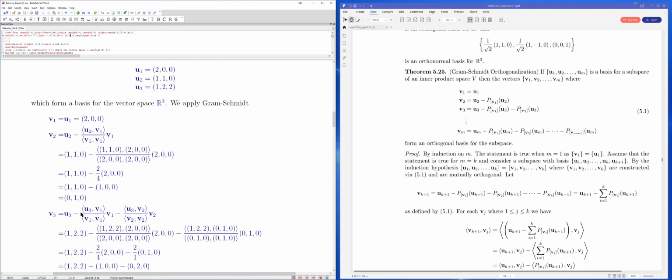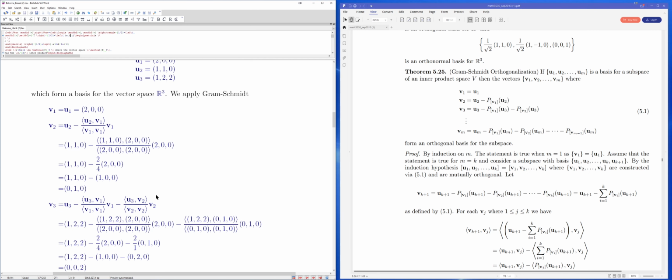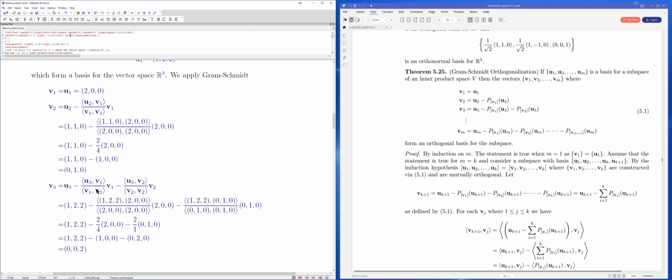This one over here is the projection of u3 in the direction of v1, and this is the projection of u3 in the direction of v2. So again you work out your inner products: u3 with v1, and v1 with itself, u3 with v2, and v2 with itself.